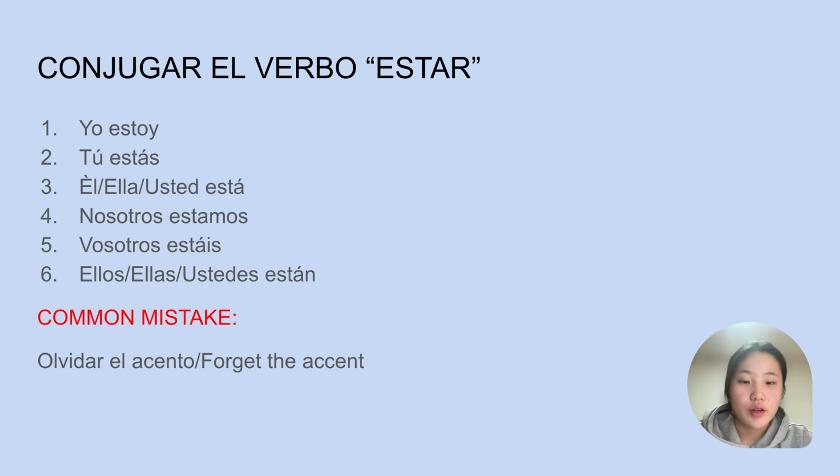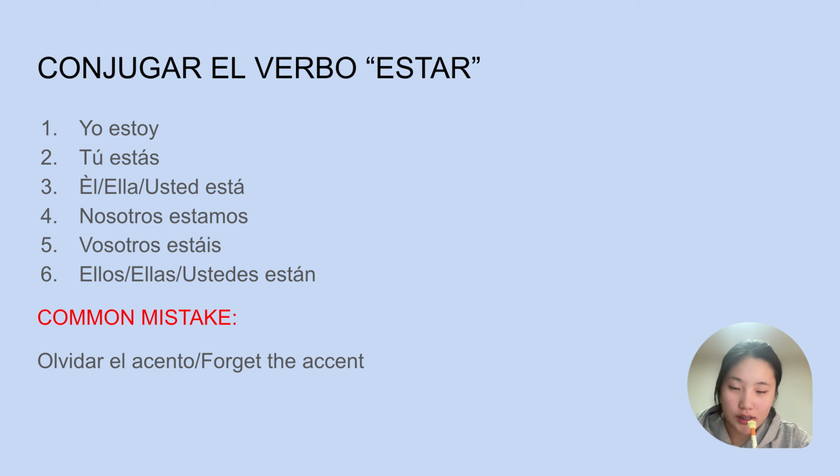So conjugar el verbo estar. First is yo estoy. Tú estás. Él, ella, usted está. Nosotros estamos. Vosotros estáis.